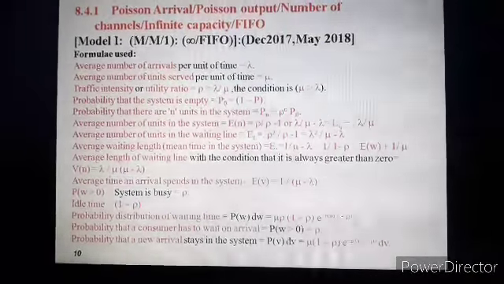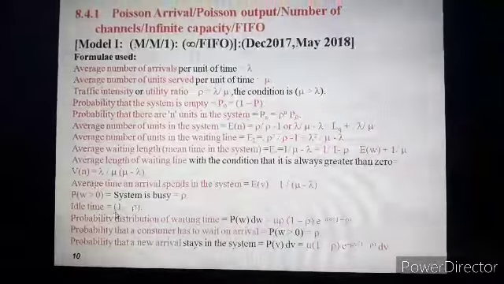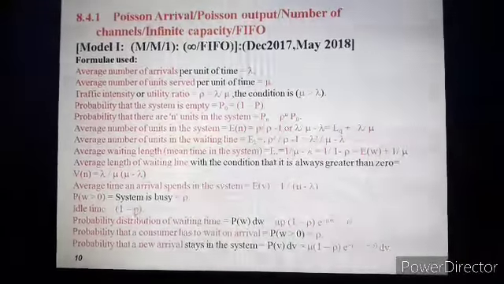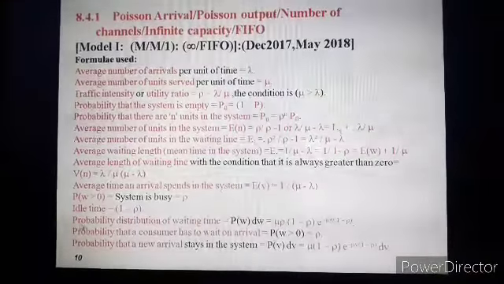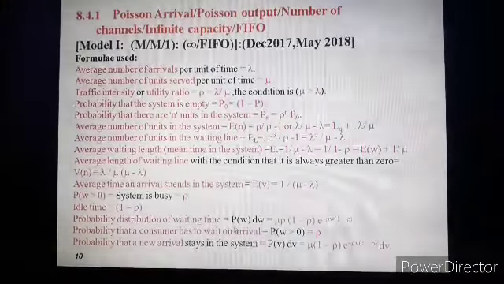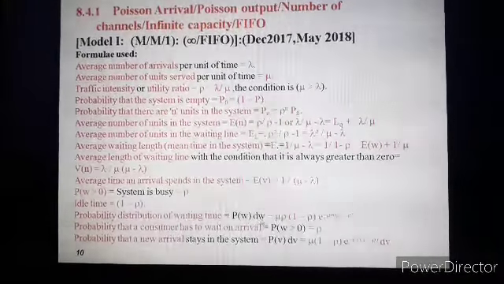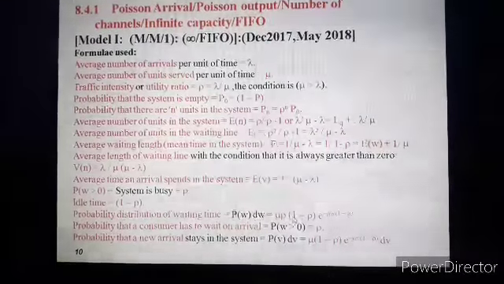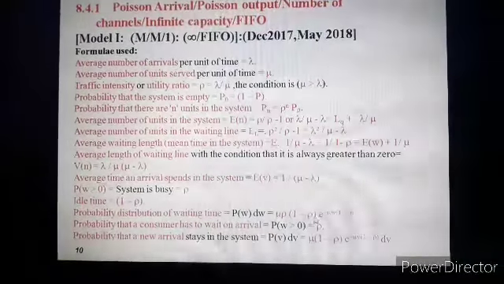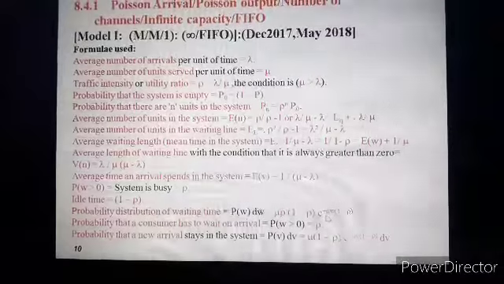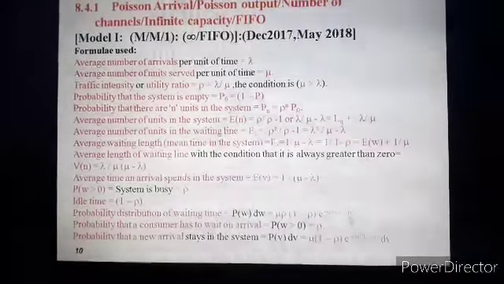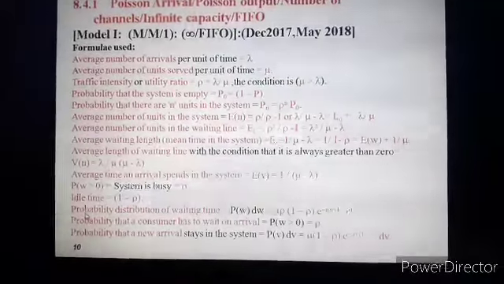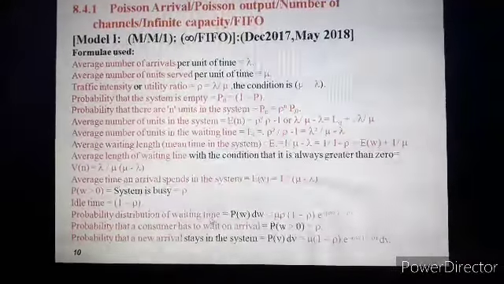Then the idle time we can write as 1 minus rho, where rho is again the traffic intensity or utility ratio. Then the probability distribution of the waiting line, P of W dW, is taken as mu into rho in bracket 1 minus rho e raised to minus mu W in bracket 1 minus rho. So that is the formula for the probability distribution of waiting time.